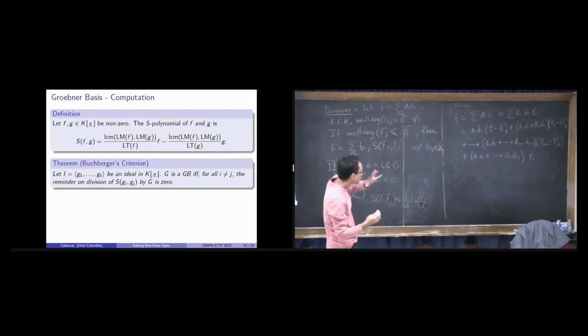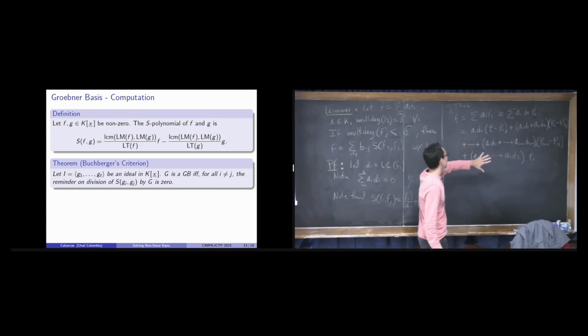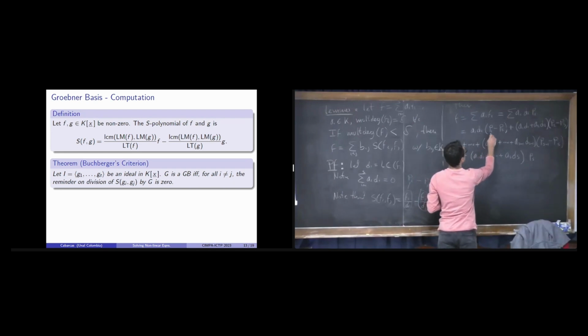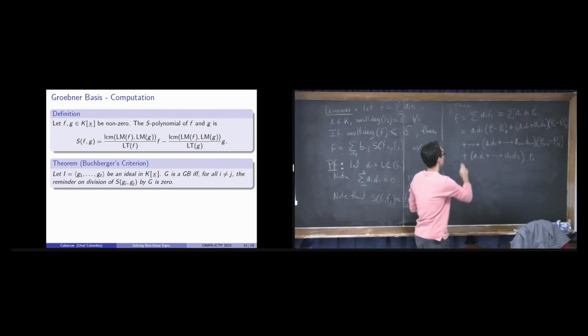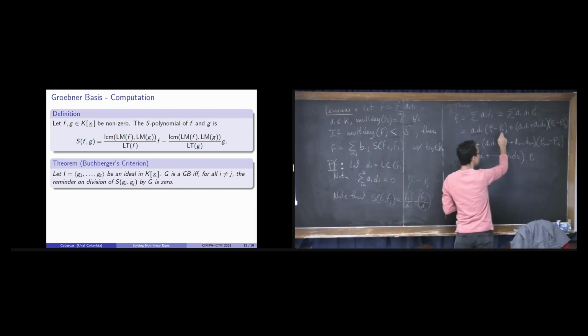And one should convince oneself that this is actually true, that this can be written in this way, but it's not hard to see. Here you have a_1 d_1 p_1, which is the first term of this sum. Then we get a_1 d_1 multiplied by minus p_2.